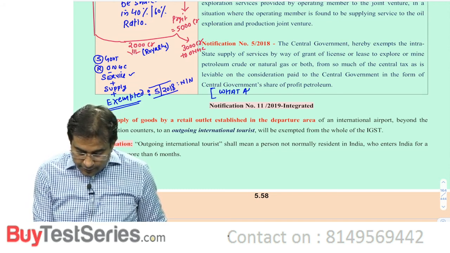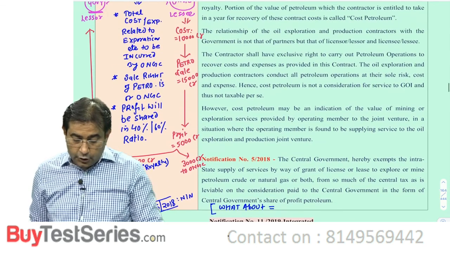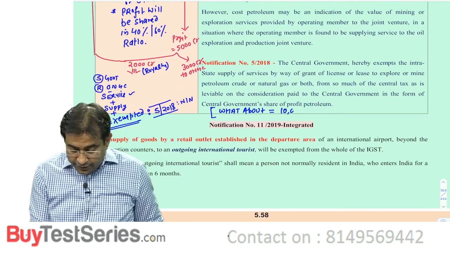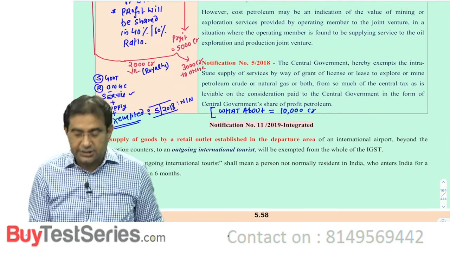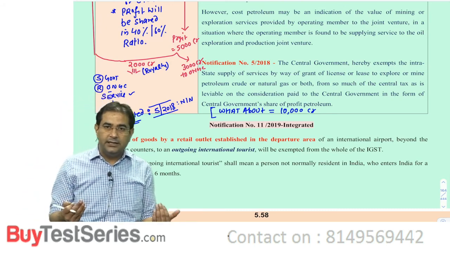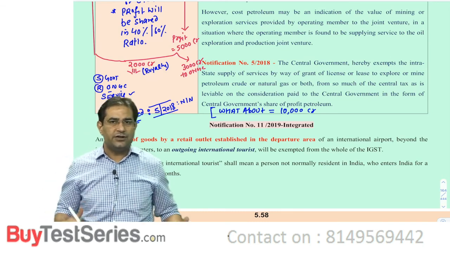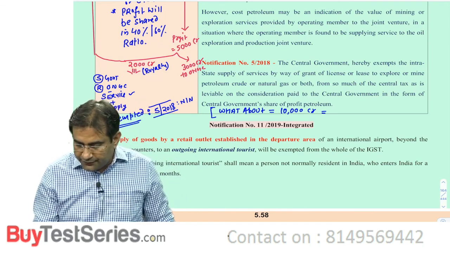Now sir, what about cost petroleum, whether 10,000 would be liable to GST? It's not a question basically. The 10,000 is the expenses incurred by ONGC itself, so there is no question of supply and no question of GST at all.